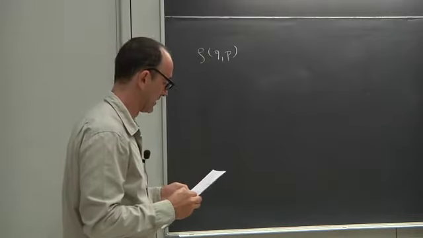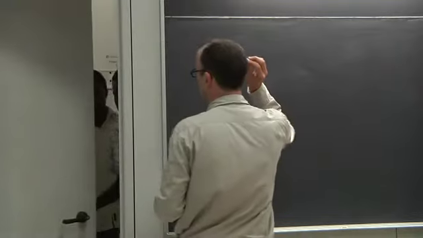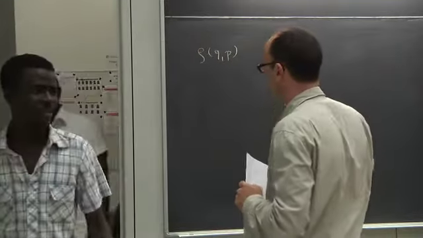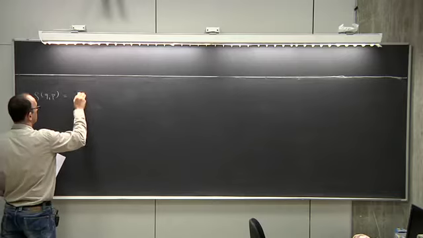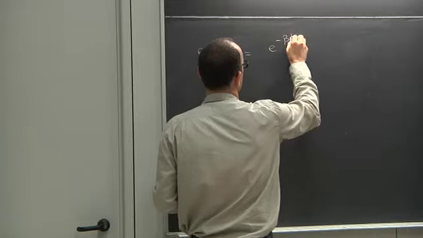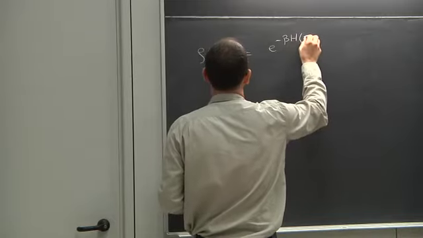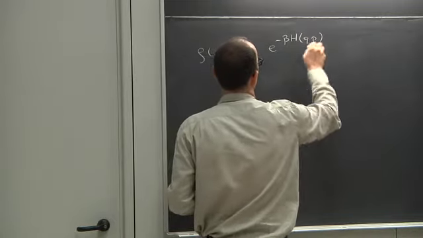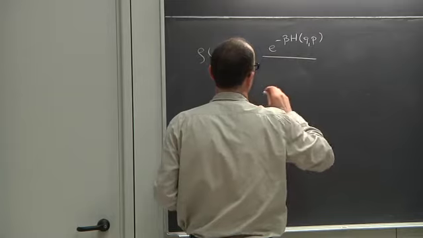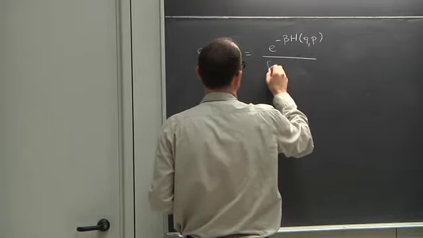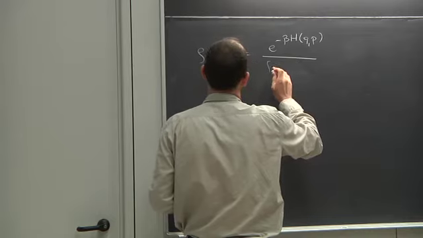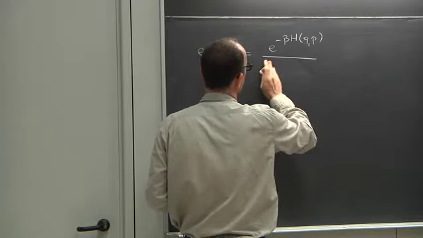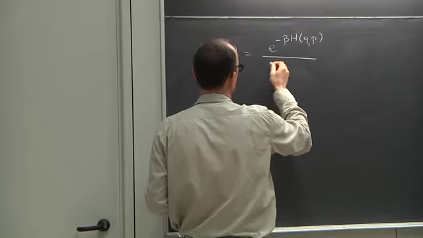This function for the canonical ensemble is the exponential, where you have a normalization constant.